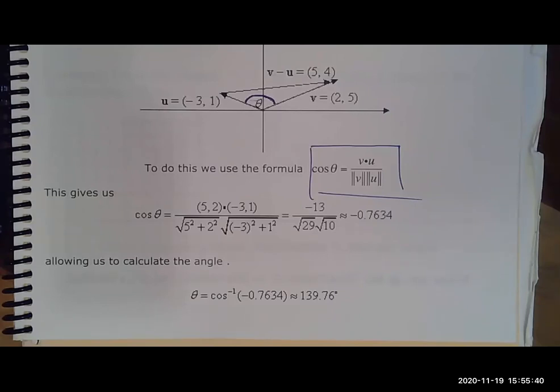Because cosine inverse is defined for quadrants 1 and 2. Cosine is positive in quadrant 1, cosine is negative in quadrant 2. That's why we use cosine inverse rather than sine inverse, which throws us into quadrants 1 and 4. So we just don't do it with the sine, we do the cosine.